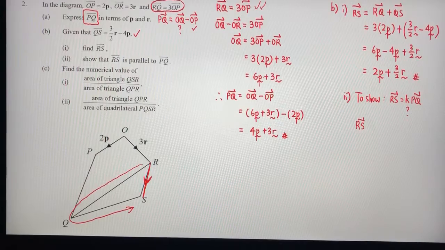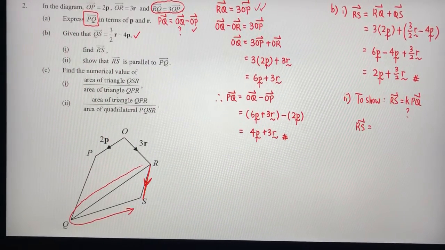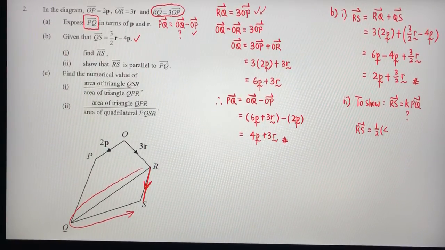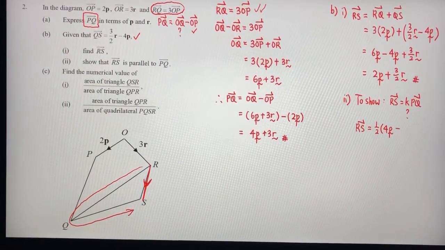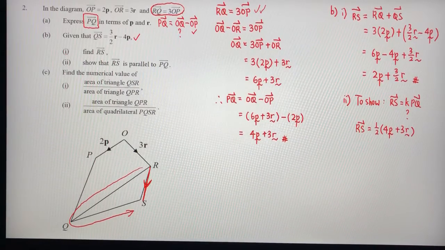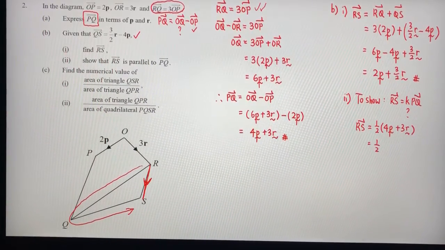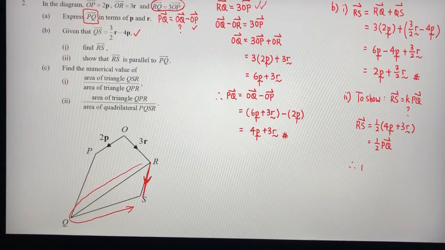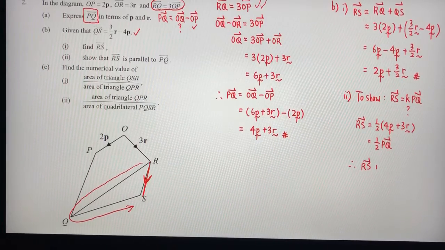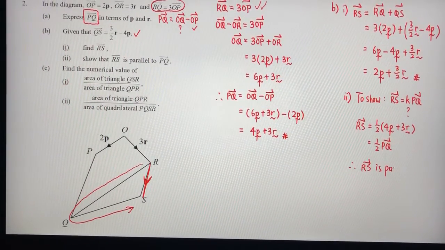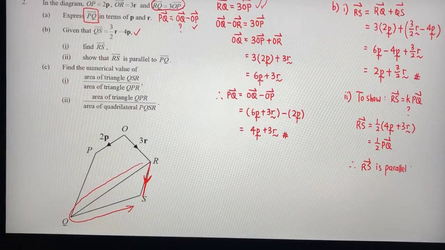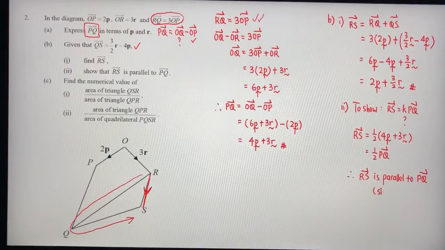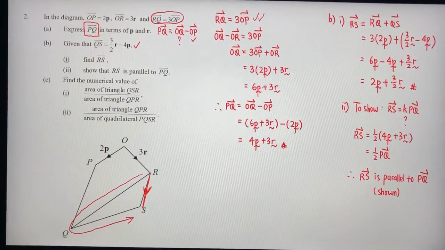So we know that RS equals 2P plus 3 over 2 R, and PQ from the previous part we have found to be 4P plus 3R, and it's clear to us that RS is only half of PQ. So since we are able to determine the scalar multiple k, which is half in this case, we can easily show that vector RS is parallel to vector PQ. And with that, we end part 2 of part B.